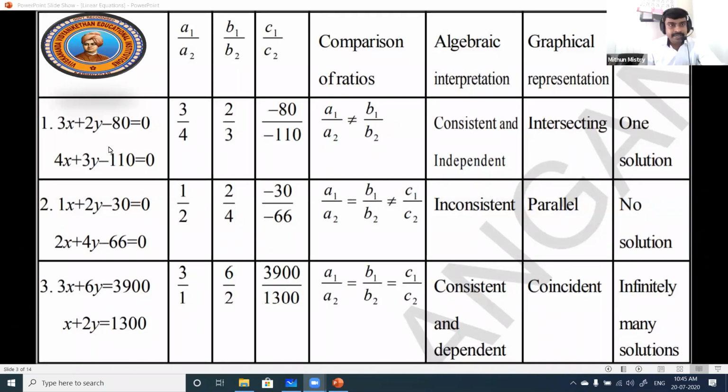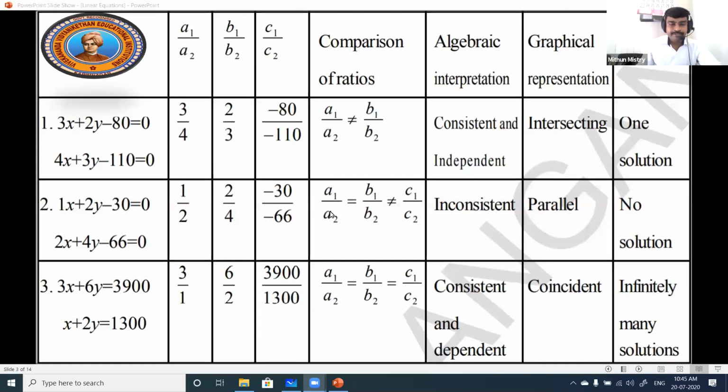Previous day, we learned the relation between the coefficients of a linear equation and the linear pair of equations. That is, if a1 by a2 is not equal to b1 by b2, then we get intersecting lines, right?